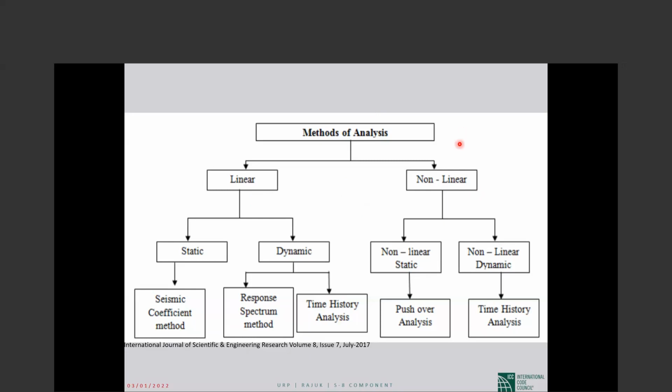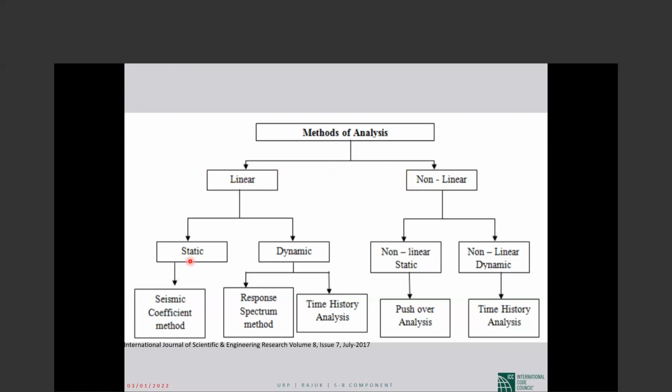So in the previous session, we did a review of those. Also, we mentioned that the main limitation based on which we select linear or nonlinear is mainly the irregularities in strength.